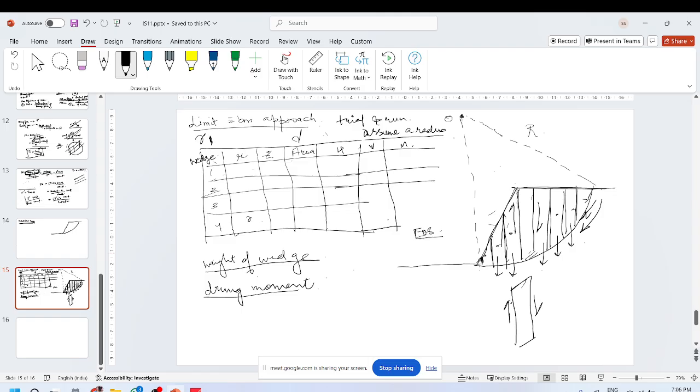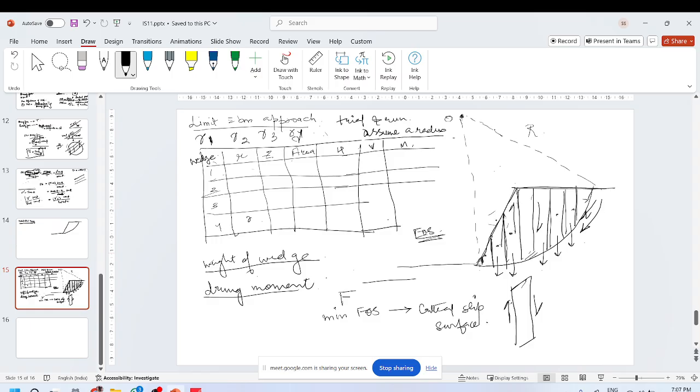I'll do this for R2, R3, R4, and then I can see that the configuration that gives me the minimum factor of safety will be your critical slip surface.